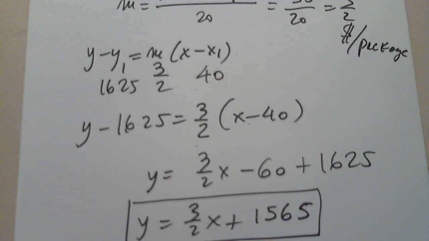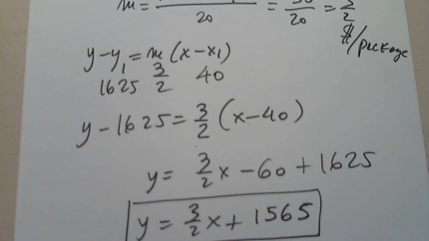Oh, then we have to continue. That's why I was going to enter it. The equation of the line is, since they're not putting the y equals, I have to enter the y equals, right? Right. Plus 1,565. Okay, good.